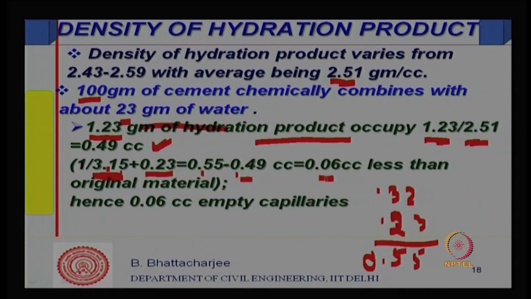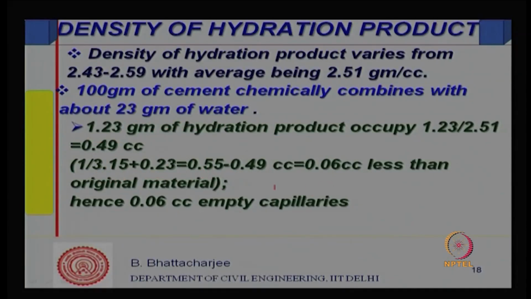Therefore, this occupies less than the original volume of material. The difference, 0.55 minus 0.49, gives you 0.06 cc, and this is assumed to be some empty space.